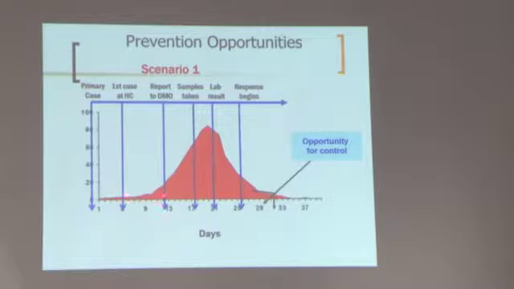By the time we report, the cases start to inflect and rise very sharply. We take the samples day 17, that is beyond 2 weeks. By the time we get the laboratory results, day 21, that is 3 weeks. And by the time we start the response, the outbreak is already controlling itself. And all those who need to have died, or those who need to have recovered have miraculously recovered. So we have a large opportunity lost for control.